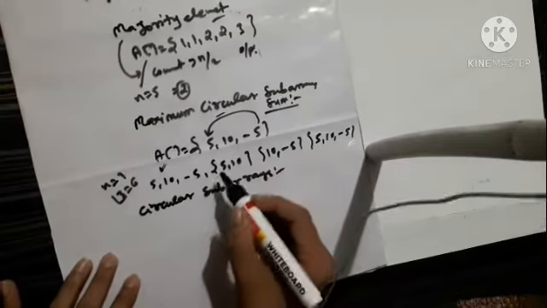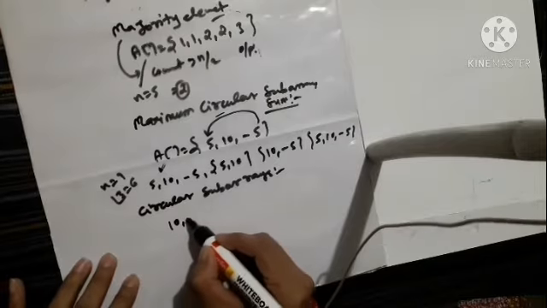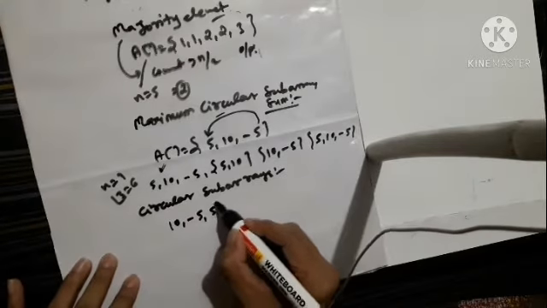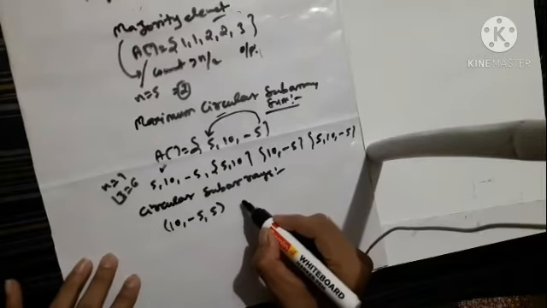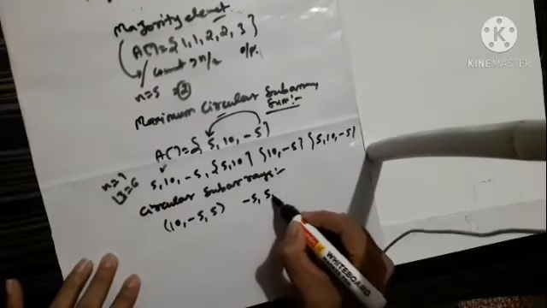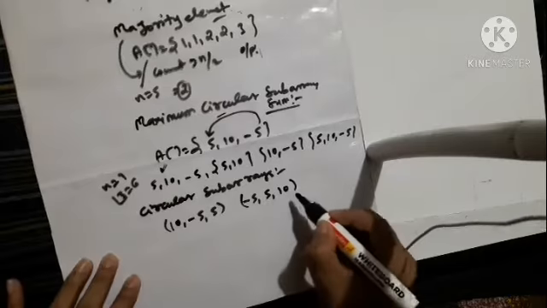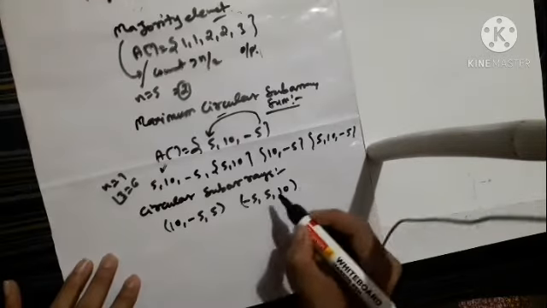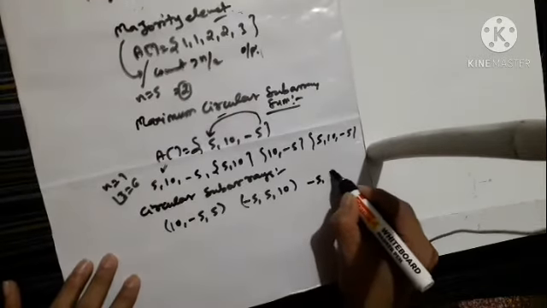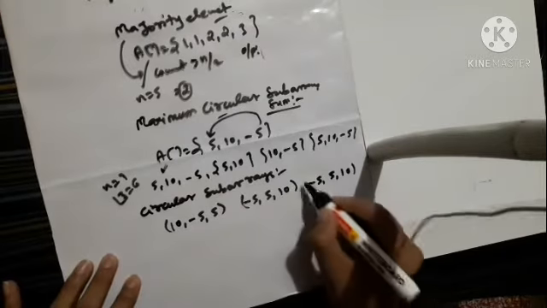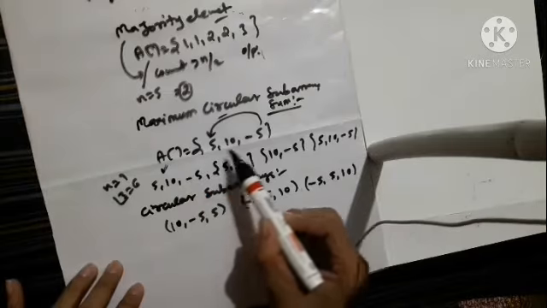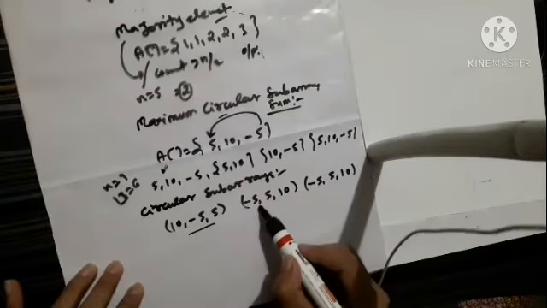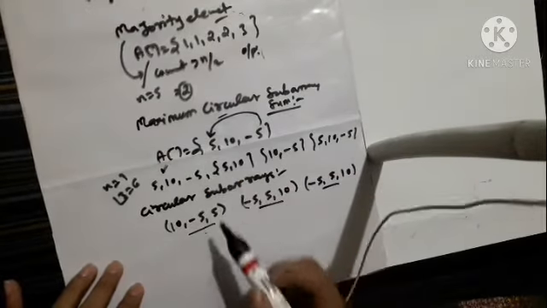So how will it connect? 10 -5 and 5 is a circular subarray. We can also say -5 5 and 10 is also a circular subarray. So given an input array in this format, we can say there are 3 possible circular subarrays.